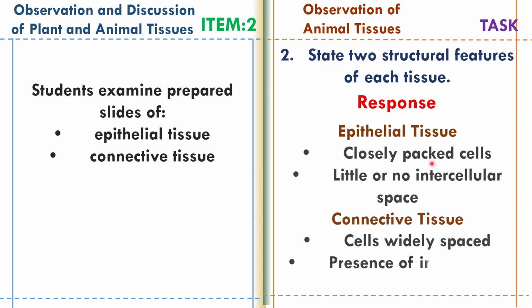They are closely packed cells. There is little or no intercellular space. Connective tissues. Cells widely spaced. Presence of intercellular matrix.